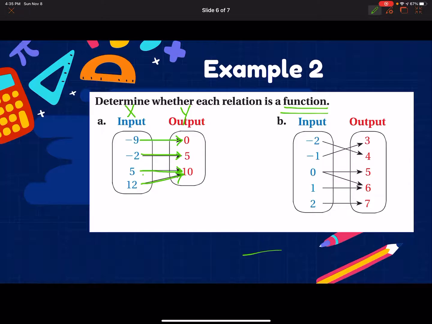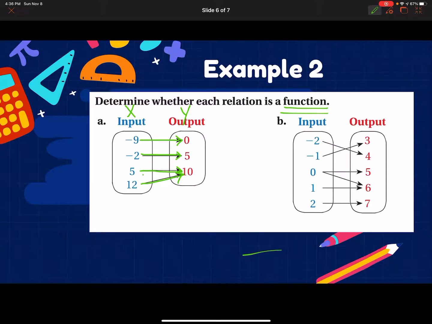Now, it looks deceiving because the 5 and the 12 are both being connected to the 10, but the 10 is our output, or y. So that's okay. So look at your list of x's. Each input has exactly one output. So we can say this is a function. So the relation in example A is a function.